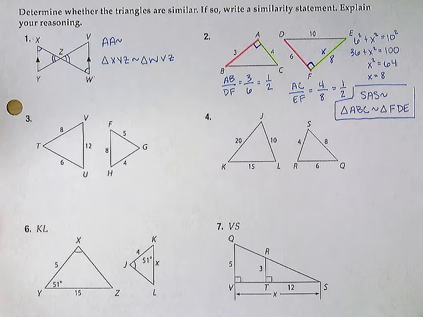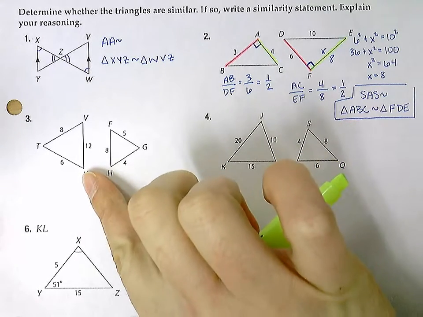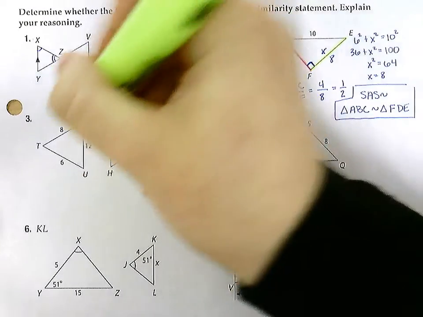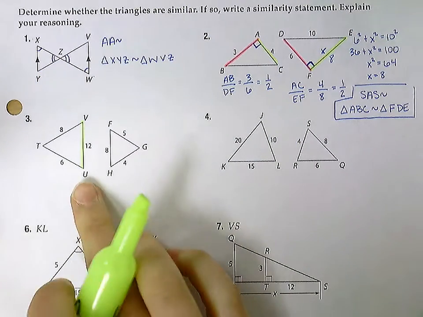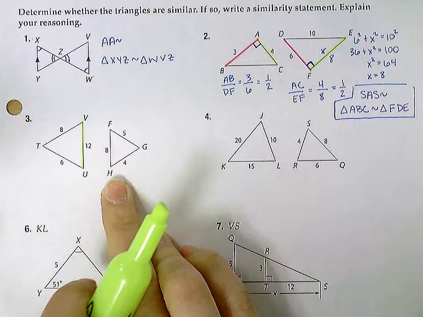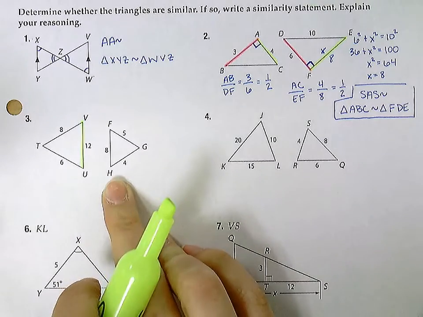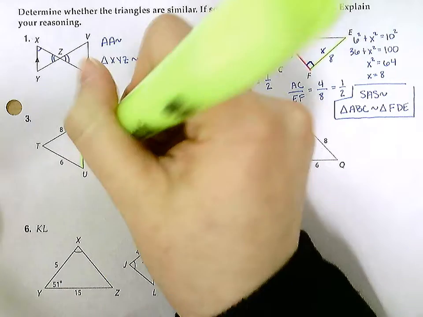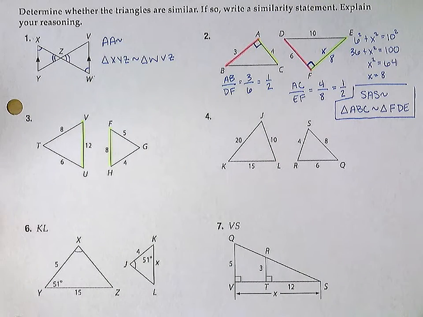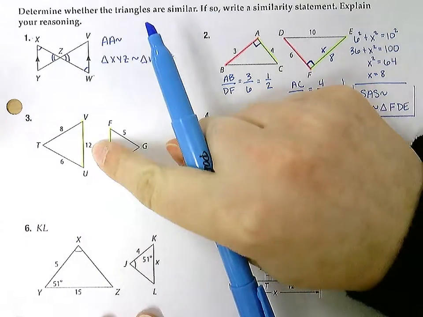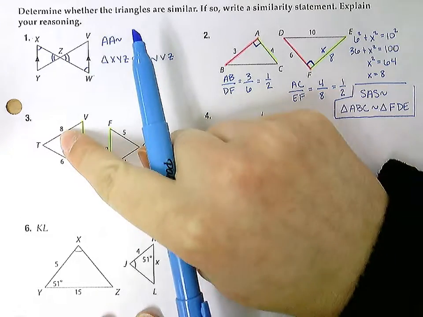So with my corresponding sides, if I look at this bigger triangle here, my largest side is V to U. To find its corresponding side on my other triangle, I need the largest side on this one. Well, that would be FH. Okay, so those are my two corresponding sides for the largest. My next largest side in my first triangle here is 8.